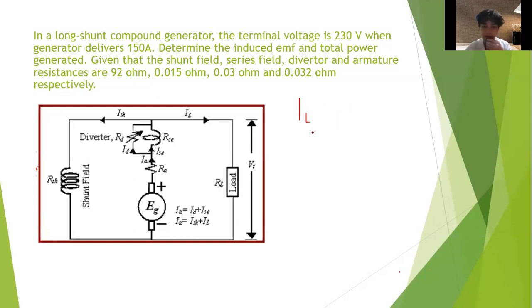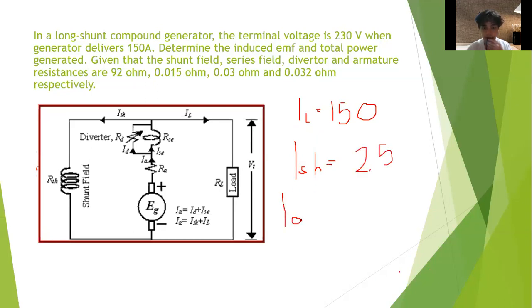IL has a value of 150, and the previously obtained ISH is 2.5.